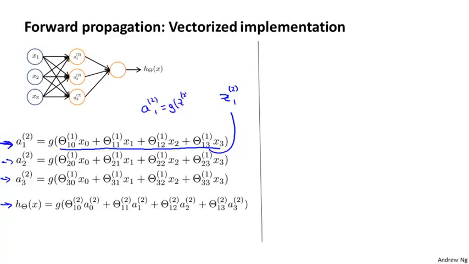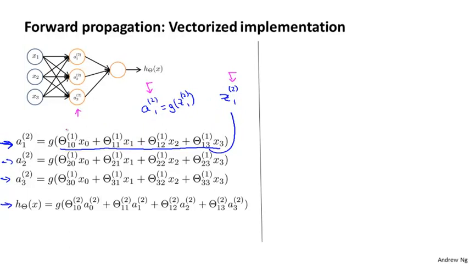And by the way, the superscript 2 in parentheses means that these are values associated with layer 2, that is, with the hidden layer in the neural network.